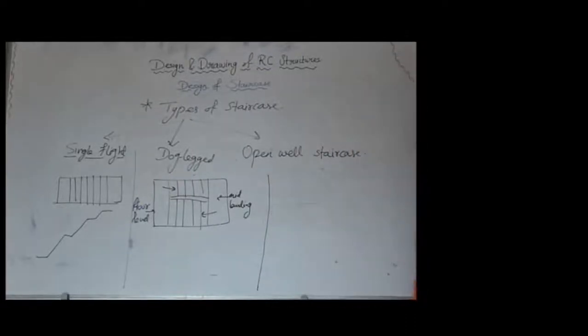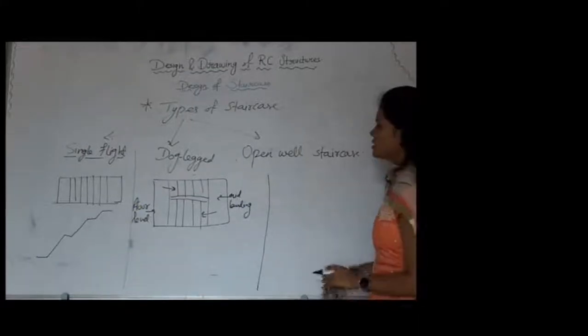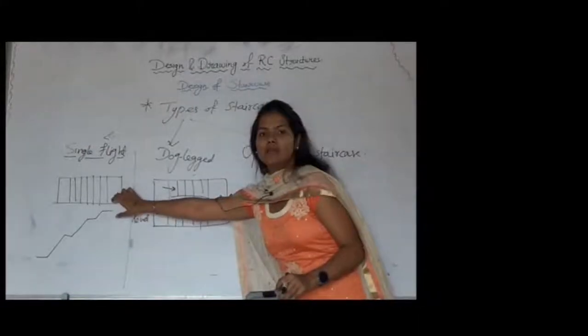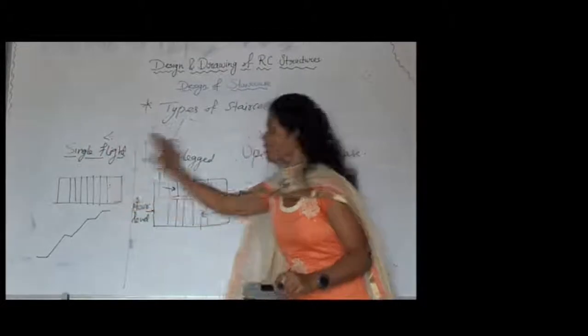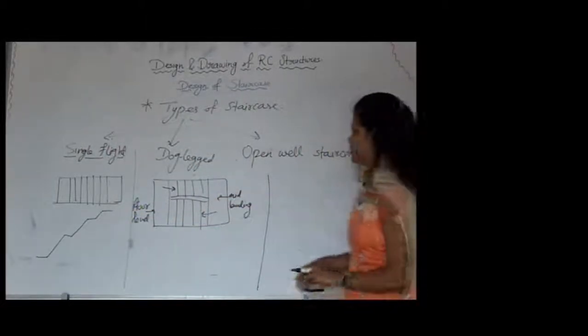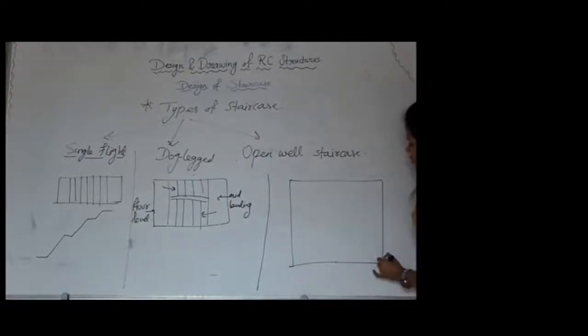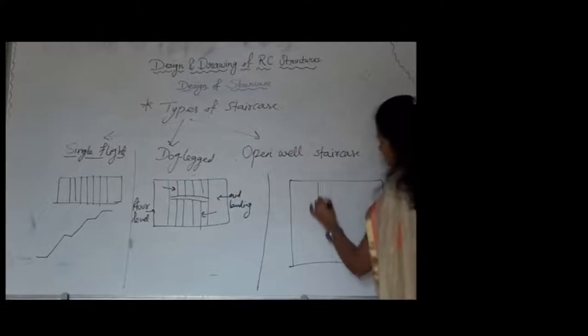Now third one is the open well staircase. Single flight was consisting of only one flight going in one direction. Dogleg was consisting of two flights in opposite directions, whereas open well staircase consists of three flights.